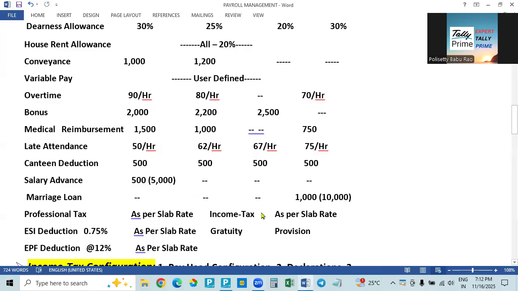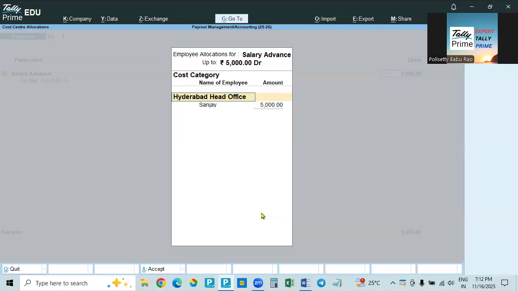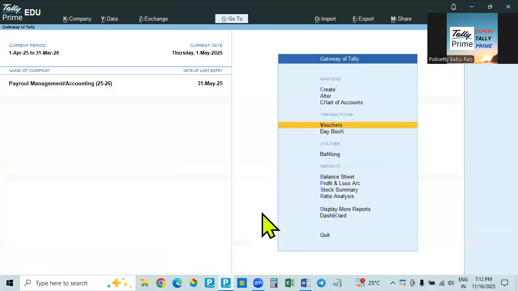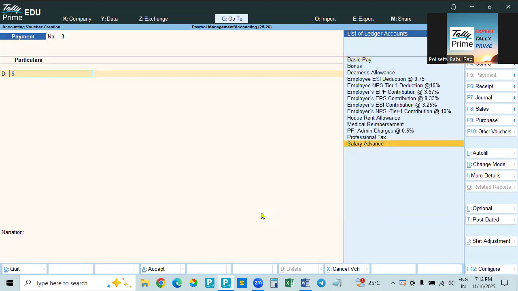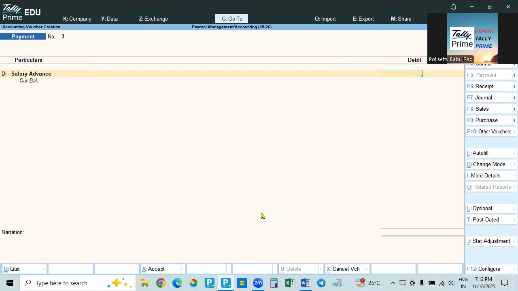5,000 rupees we give as the advance. Okay, you are giving the salary advance, but to whom? Because it will be deducted from that employee, so where is the employee? It is not given. In this case, payment, salary advance: when you are giving the amount, you have to specify to which department and which amount.